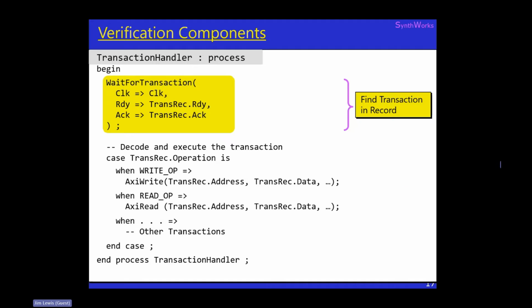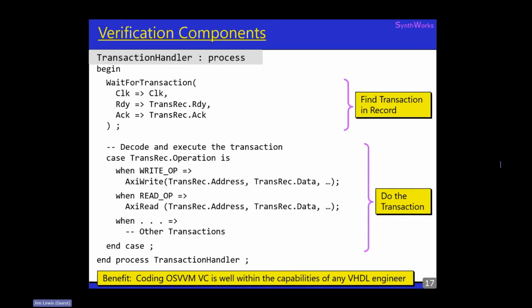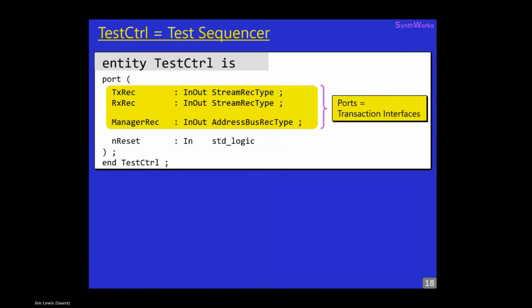It wakes up, decodes the transaction, and then we go and do that transaction. So if it's a write operation, we do things appropriate for a write operation. I've kind of suggested that we call a procedure here, but this is generally where I write code. Okay, so benefit here: coding OSVVM verification components is well within the capability of any VHDL engineer.